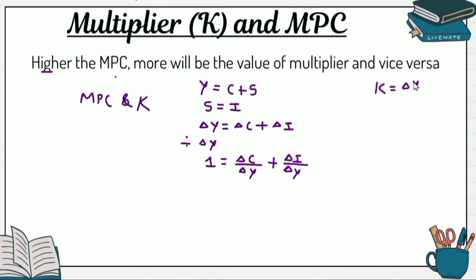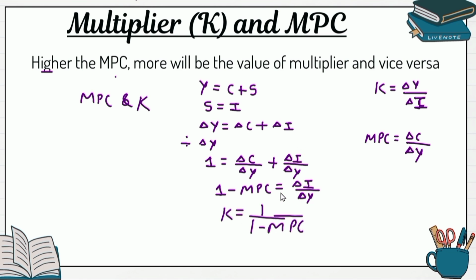K is change in Y upon change in I. What is MPC? MPC is change in C upon change in Y, which means this is 1 minus MPC and this is 1 upon K. So from here we derive that K is nothing but 1 upon 1 minus MPC.